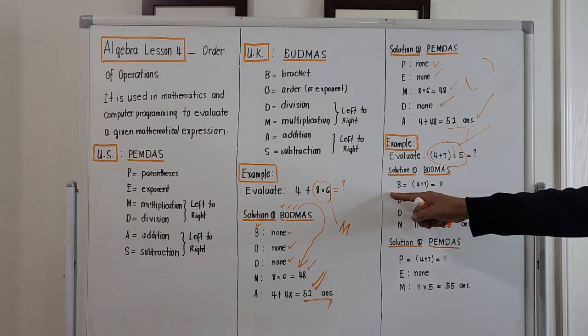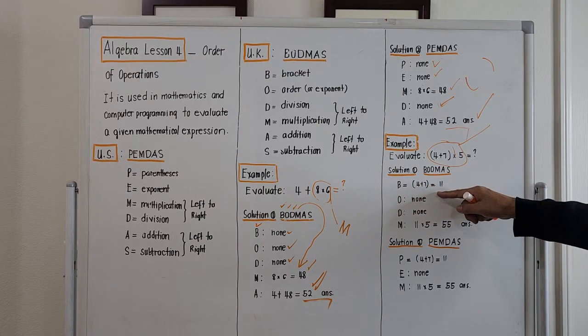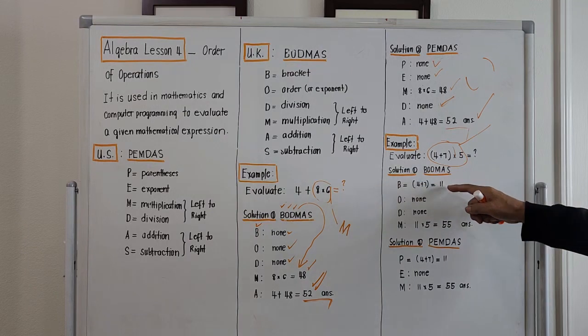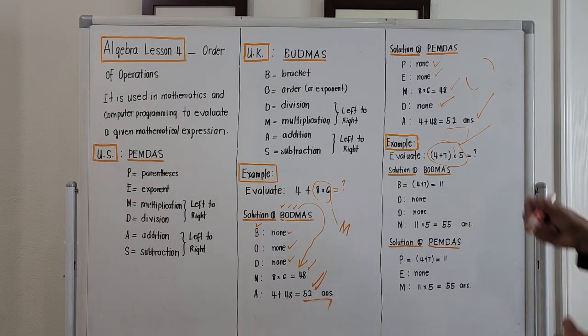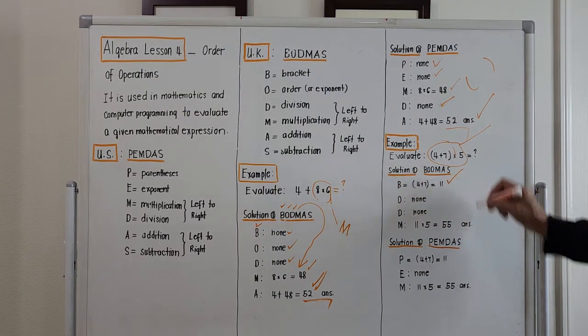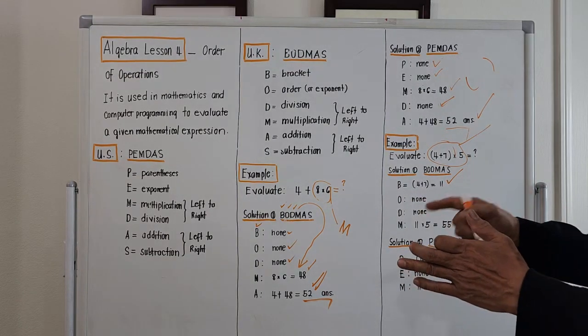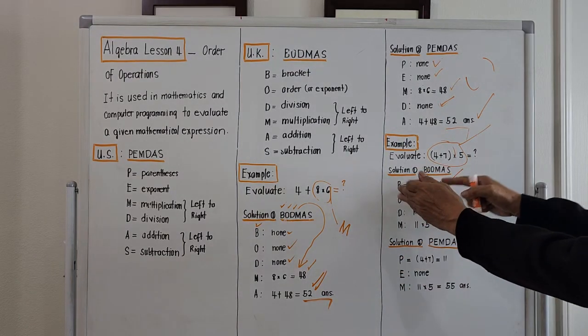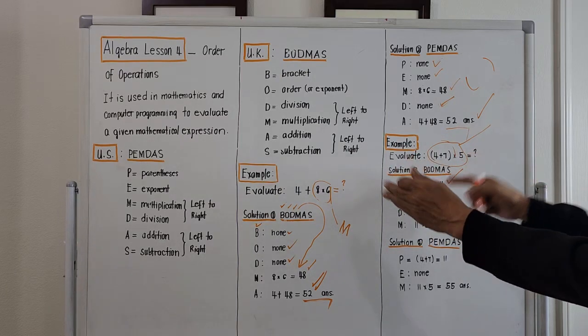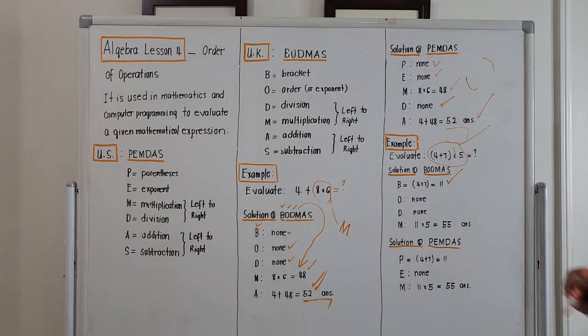So under bracket, we are calculating the value of this. The sum of 4 plus 7 is actually 11. For the meantime, we are considering the bracket or parentheses. Okay, how about the order?